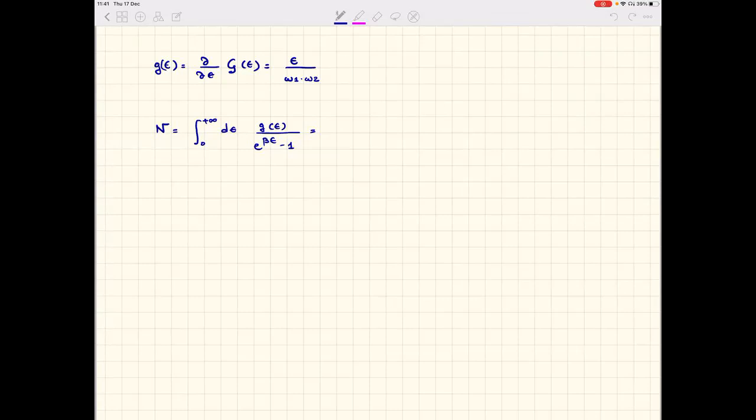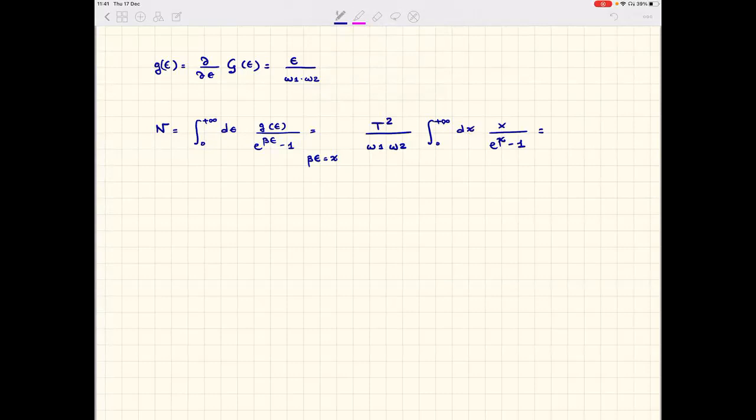Therefore, if now I set beta epsilon equal to x, I will get that this is T squared over omega 1 times omega 2 times the integral between 0 and plus infinity of dx x over e to the x minus 1. Again, this integral over dx, not d epsilon, is a convergent integral.